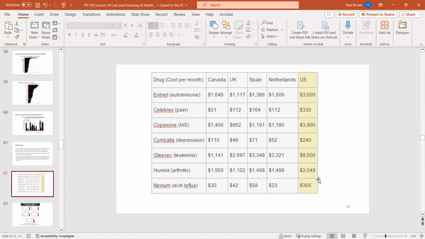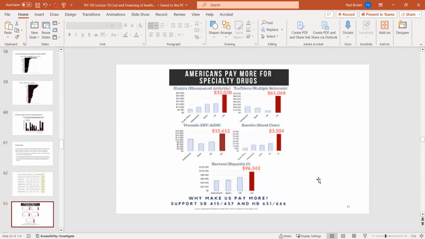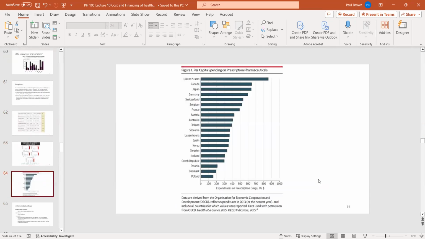It's why people oftentimes will drive to Canada to buy their drugs, or drive to Mexico to buy their medications, because the prices that we pay here are 2 to 3 times as high. Okay, there's just some other drug prices. Per capita spending on drugs is higher.